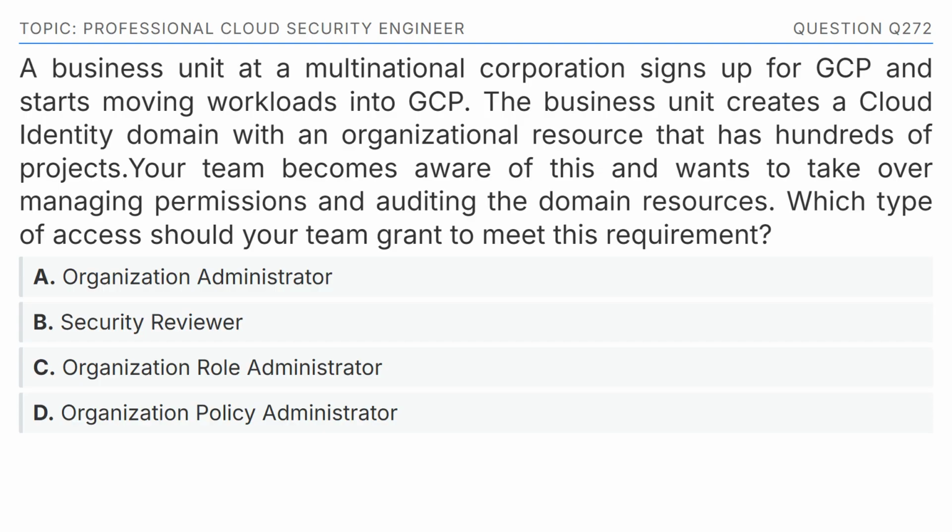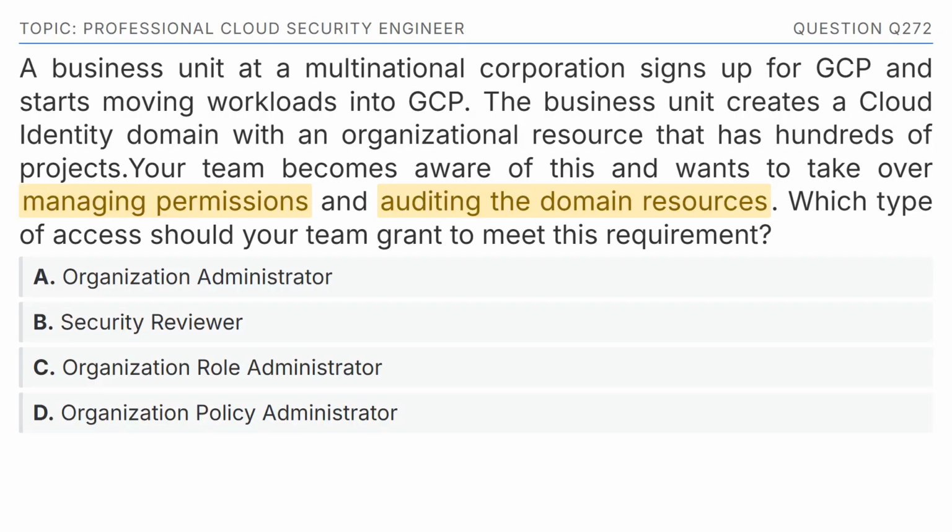The options are: Option A, Organization Administrator. Option B, Security Reviewer. Option C, Organization Role Administrator. Option D, Organization Policy Administrator. To arrive at the correct answer, we focus on the keywords: managing permissions, auditing the domain resources.